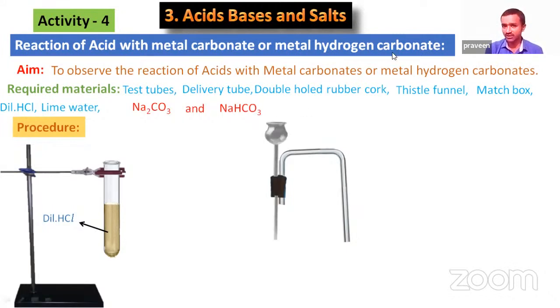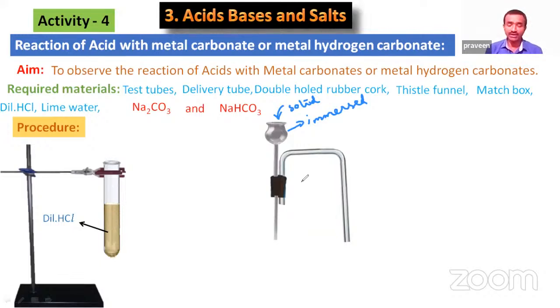So what is the purpose of the thistle funnel here? The thistle funnel is a small glass tube immersed into the liquid of this test tube, HCl. It is used to drop solid substances into the liquid solution. Why? Sometimes the reaction takes place very fast.